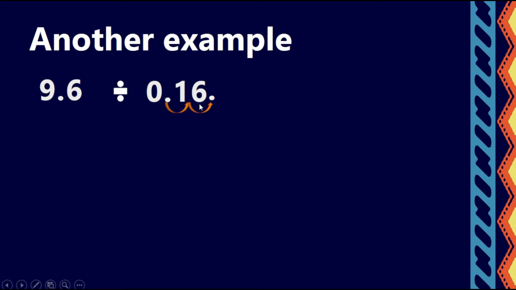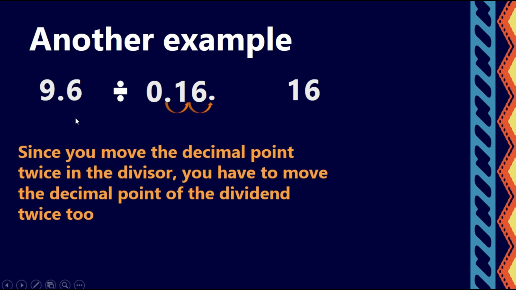Since you move the decimal point twice in the divisor, you will also move the decimal point twice in the dividend. So 0.16 will become 16. 9.6, you will move twice. 1, 2. So you have the decimal point here.